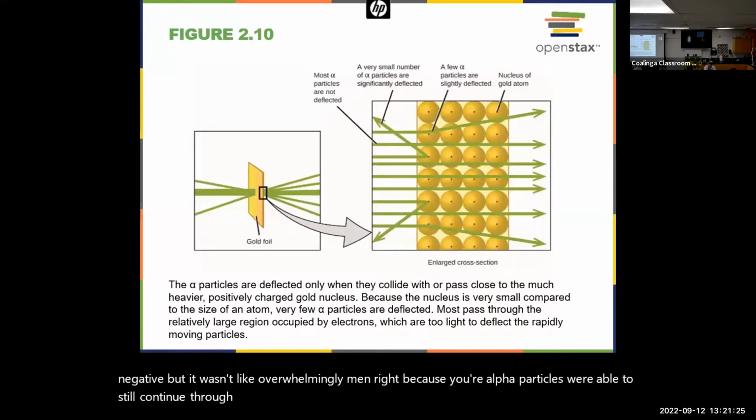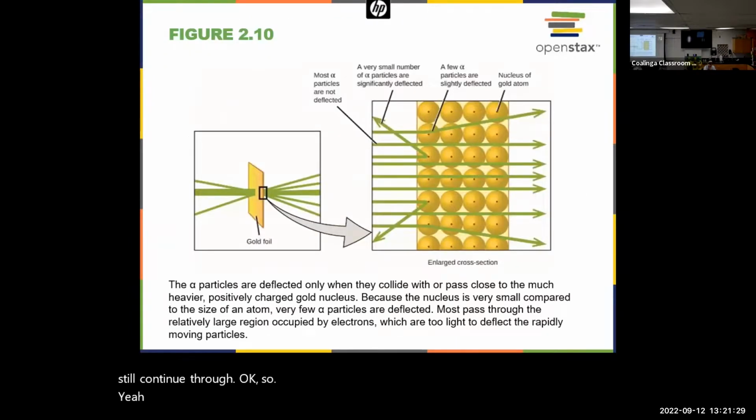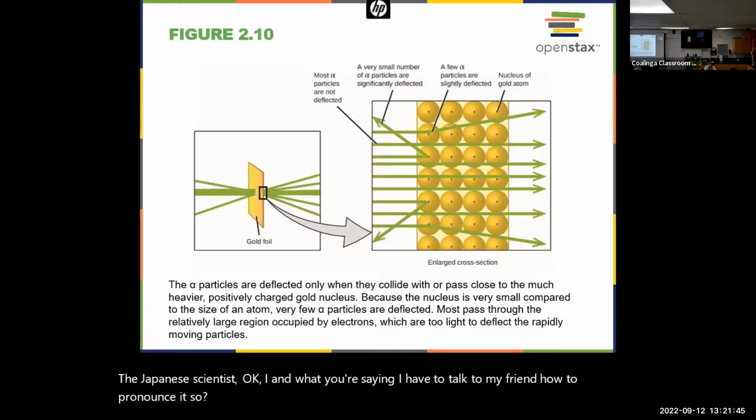So this led us to the model that was more towards the Japanese scientist. Okay, I butchered his name. Anyway, it led to this model being closer to what we're expecting.